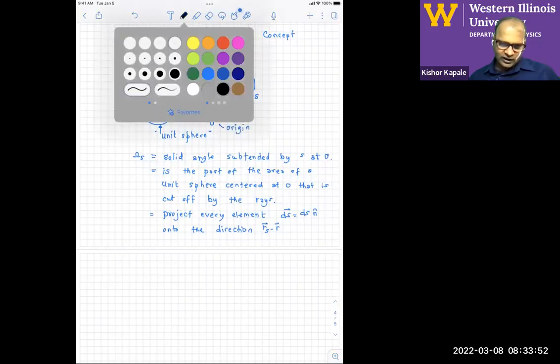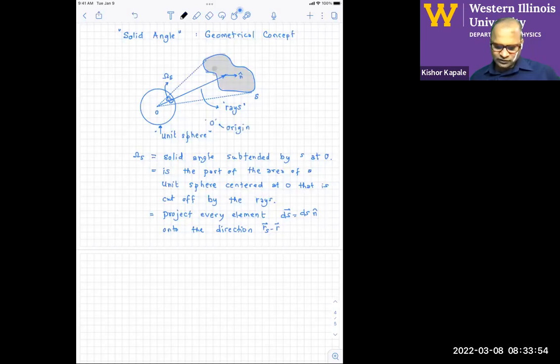I'm going to use a different color for the position vector. So the position of the point O, along which we are trying to find the projection. Let me just move the point O there then.